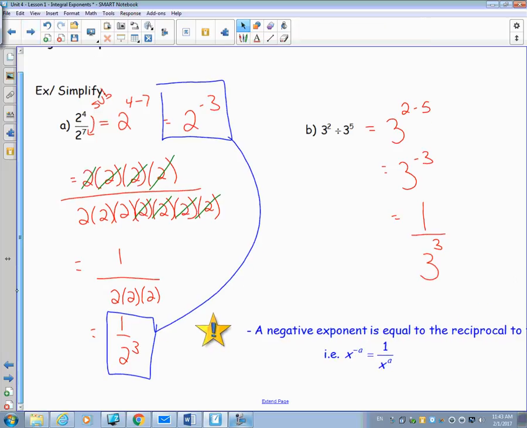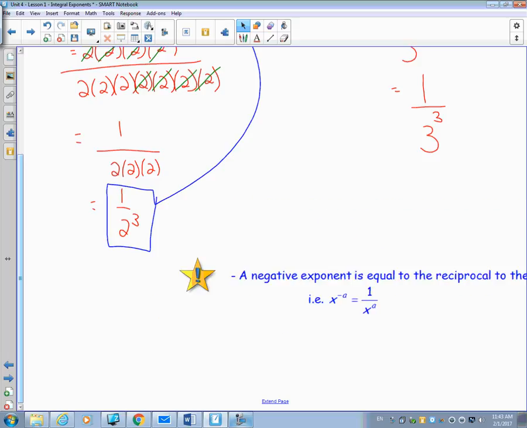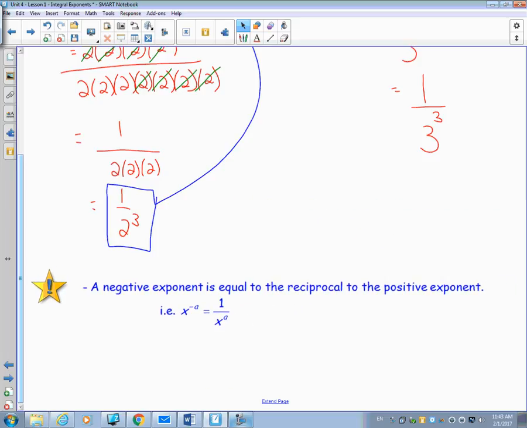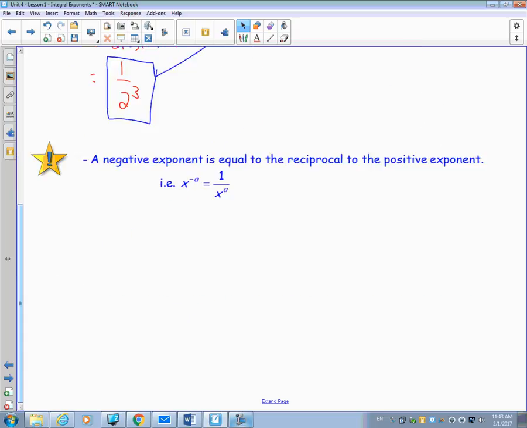Move it down just a little bit for us. A negative exponent is equal to the reciprocal to the positive exponent. So what does that mean? Well, reciprocal means flip the base.